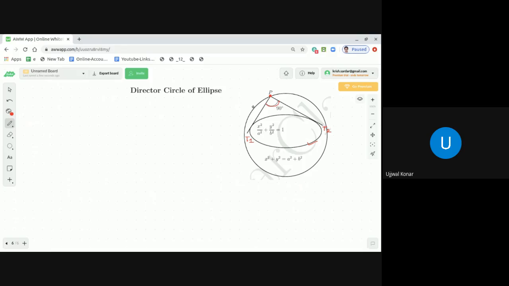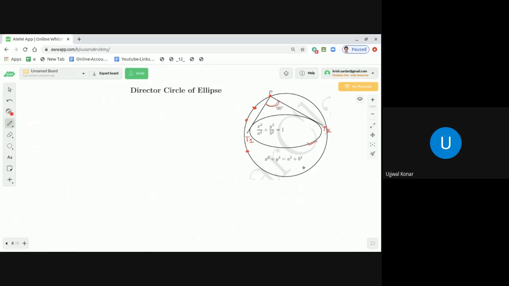After some time, you get another point. From this point also, you can draw two tangents, and you will find the angle between those two tangents is 90 degrees. And after some time you get it here, and here, like this.